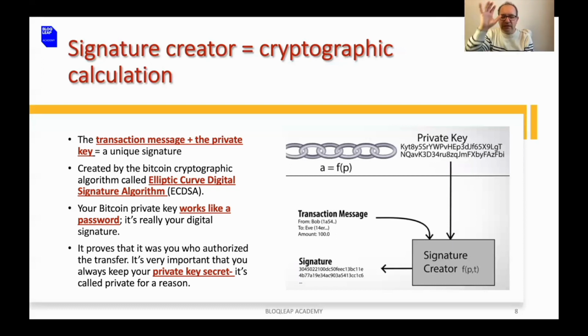The old man is going to take this Enigma machine and put inside, this is very important, the ID from the transaction message, which is me, 1 Bitcoin to you. My private key is going to mix it up and is going to get one number, one signature, okay?